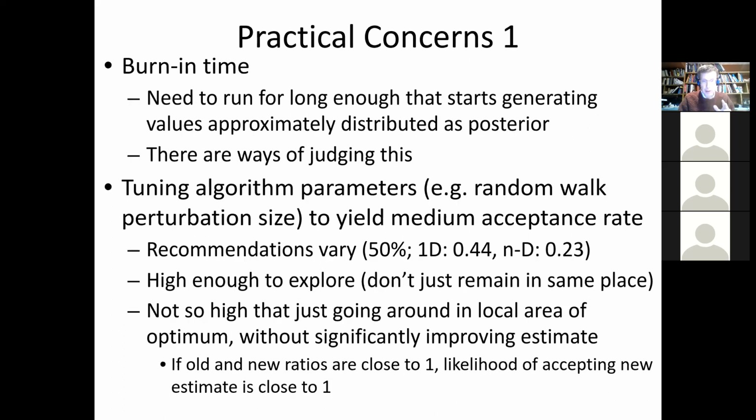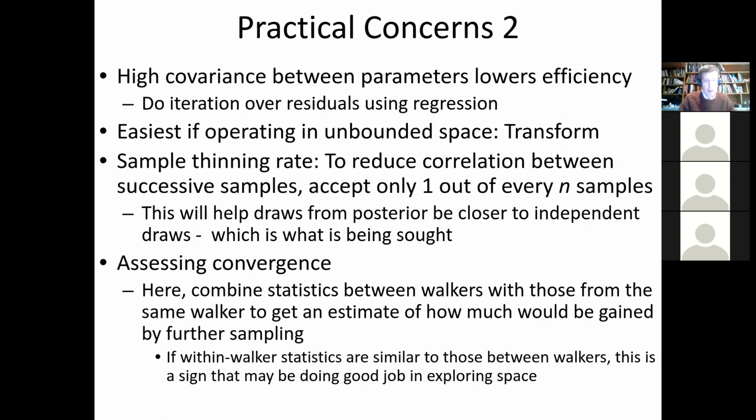Just bear in mind that acceptance rate is the key thing that has to be tuned here, through that perturbation parameter. You want a good acceptance rate, something 20% or above at least, and some authors suggest 80%, something like that.